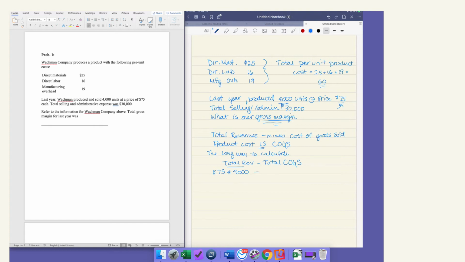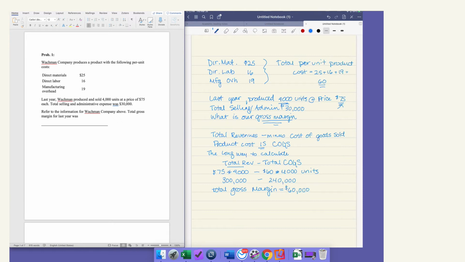And then our total cost of goods sold is $60 times 4,000 units. All right, so our total revenue is 300,000, and our total cost of goods sold is 240,000. So our total gross margin is $60,000.